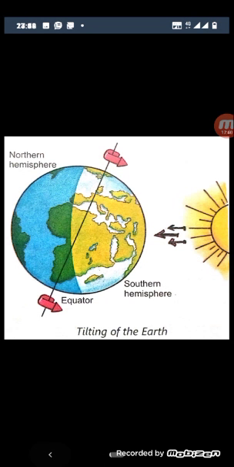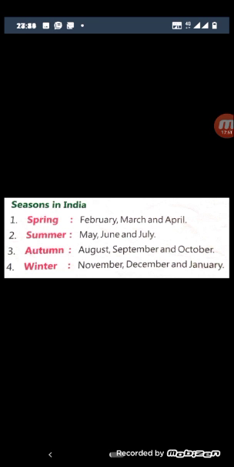Here you can see northern hemisphere and southern hemisphere and equator and tilting of earth. When you see a globe, you will find that the axis of earth is tilted. I show you the diagram. This tilting of the earth causes various seasons.